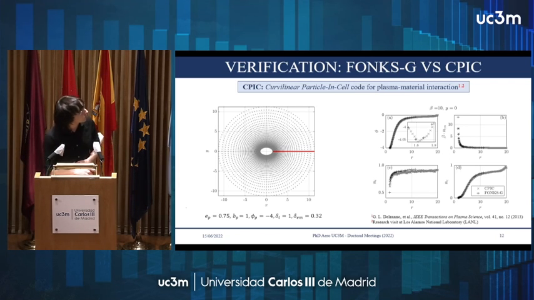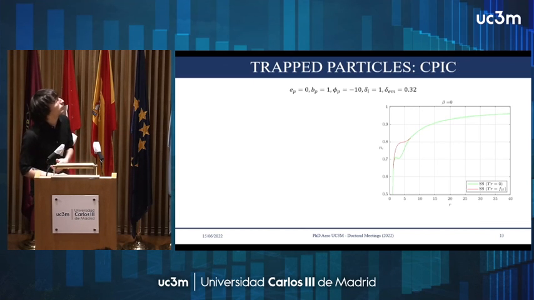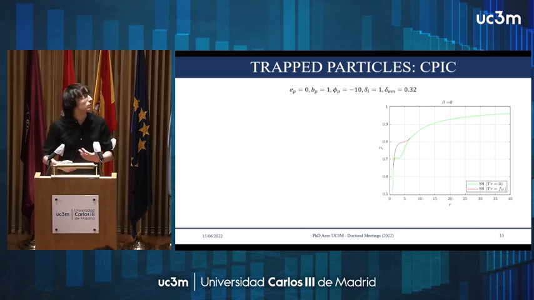In particular, they also agree very well in detecting this potential well that develops at the probe as a consequence of the high emission level that we are considering in this case. Besides that, I've also started trying to assess the role of the trapped particles with CPIC.